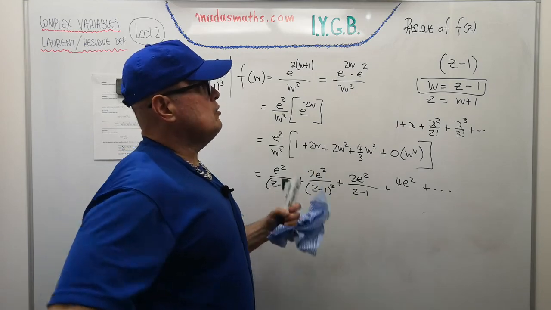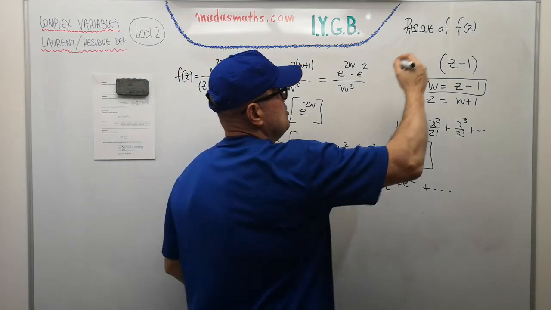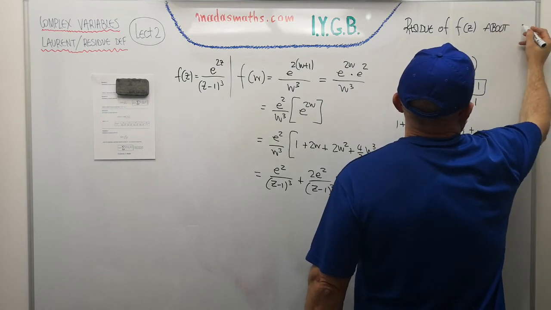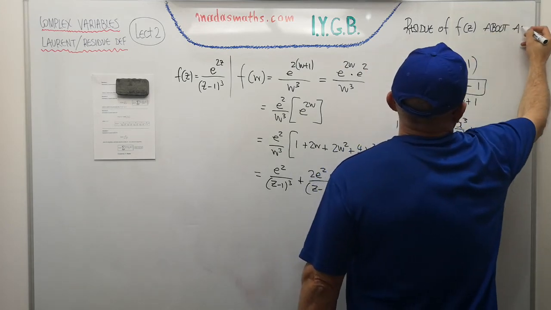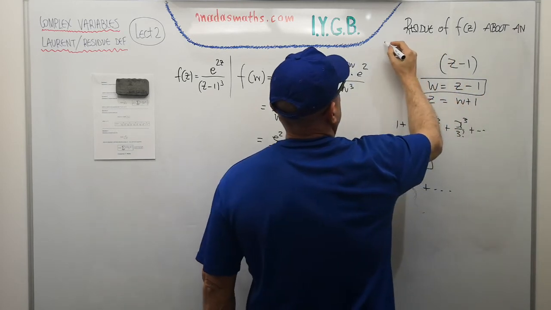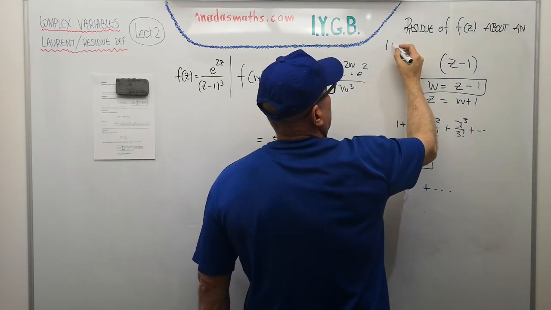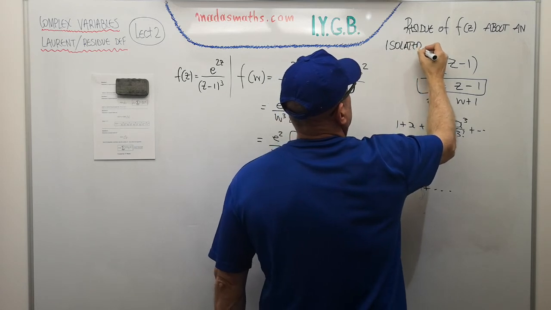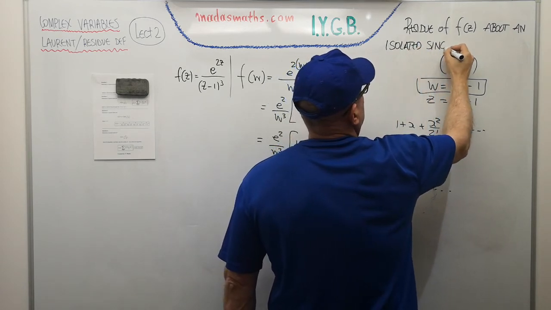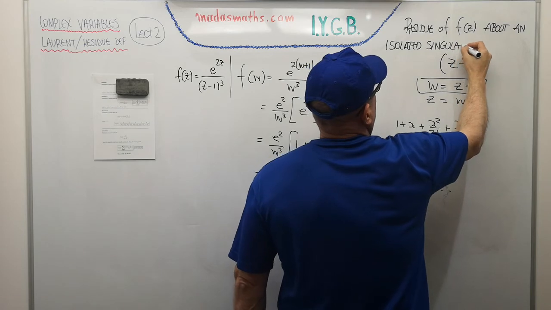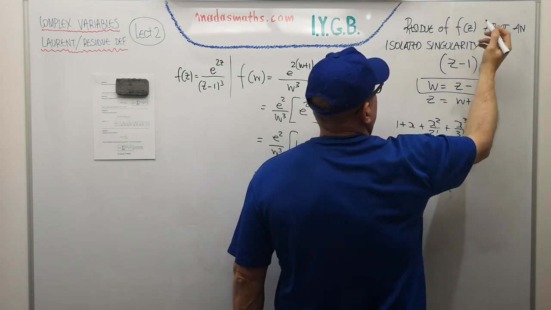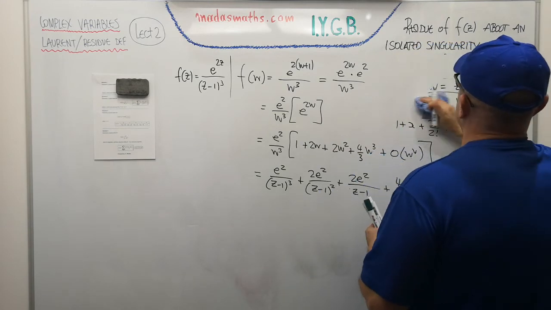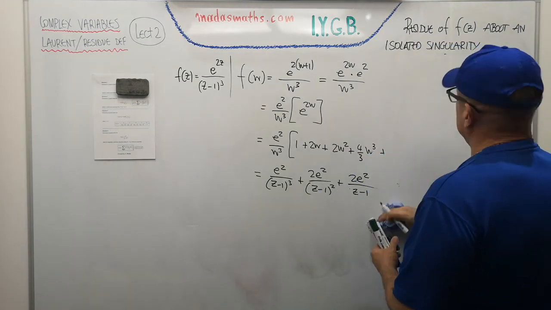You have to say more. The residue of f of z about, actually it should be an isolated singularity, to keep all the purists happy. For us, it will normally be some kind of pole. Most of them will be simple poles, but it might have a few doubles, a few triples at best.